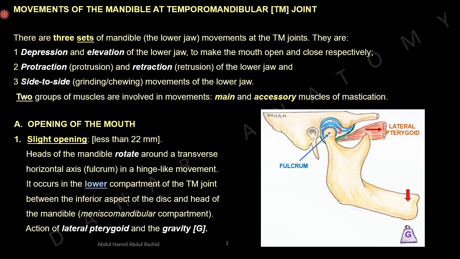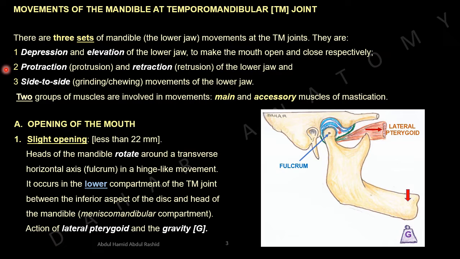Movements of the temporomandibular joint. There are three sets of mandibular, that is the lower jaw, movements at the temporomandibular joints. They are number 1, depression and elevation of the lower jaw to make the mouth open and close respectively. 2, protraction, that is protrusion and retraction of the lower jaw.